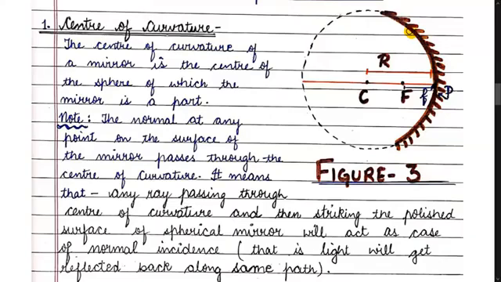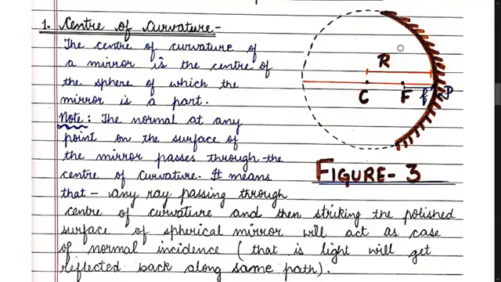If you take any ray passing through the mirror and passing through the center of curvature, that line will always be normal. Normal means 90° to the surface of the mirror.